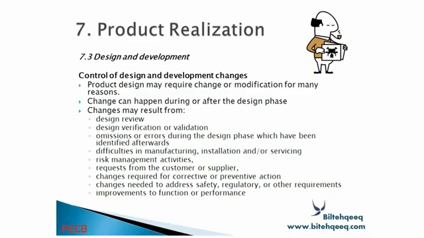Change may result from design review, design verification or validation, omission or errors during the design phase which have been identified afterwards, difficulties in manufacturing, installation, or sourcing, management activities, requests from the customer or supplier, change required for corrective and preventive action, change needed to address safety, regulatory, or other requirements, or improvement to function or performance. So you can change the design if it is required due to any mentioned reason.